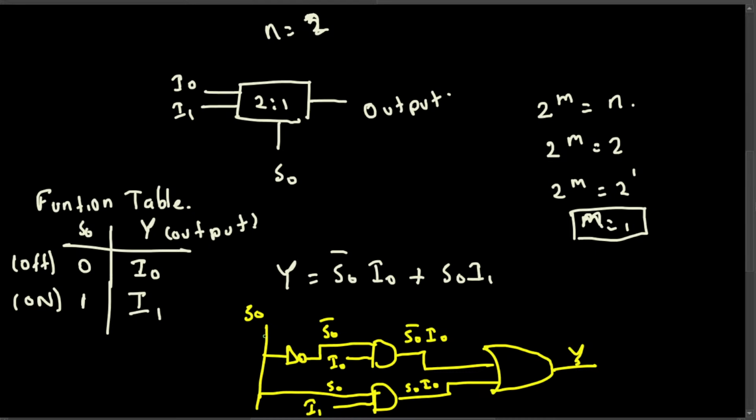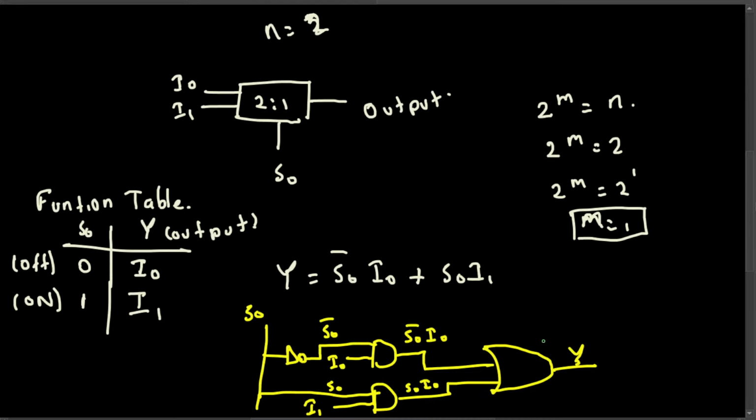For example, if the select line input is 0, this one becomes 1, because the NOT gate inverts whatever input we put. If it's 0, it turns into 1, and if it's 1, it turns into 0. So this is going to be 1 and I0. In an AND gate, if you have 1 and something else, the other input is the output.